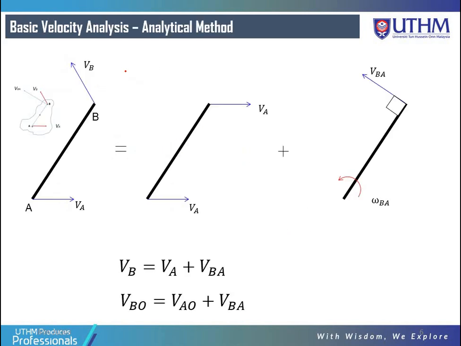Okay, this is the analytical method. Whenever we express this, this is the rigid body, this is the direction of VB, and this is the VA.